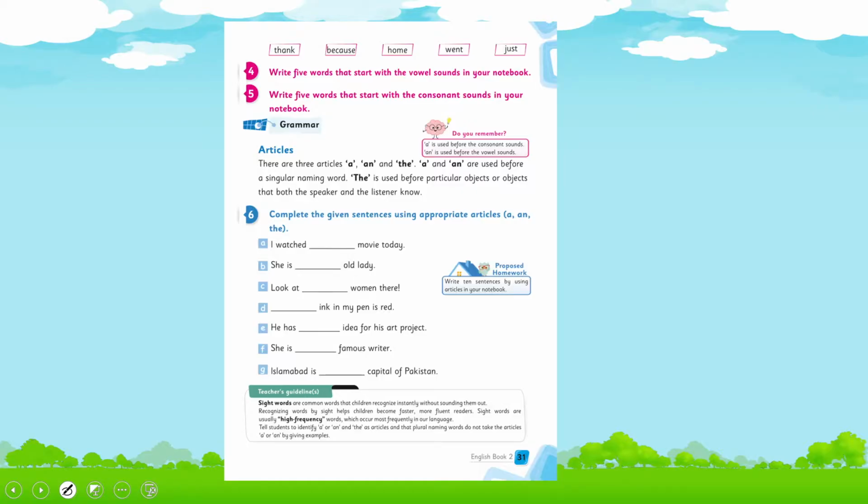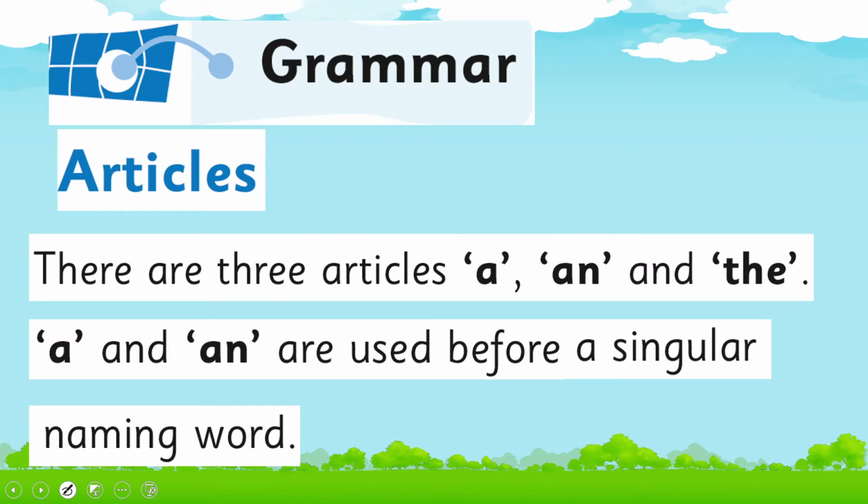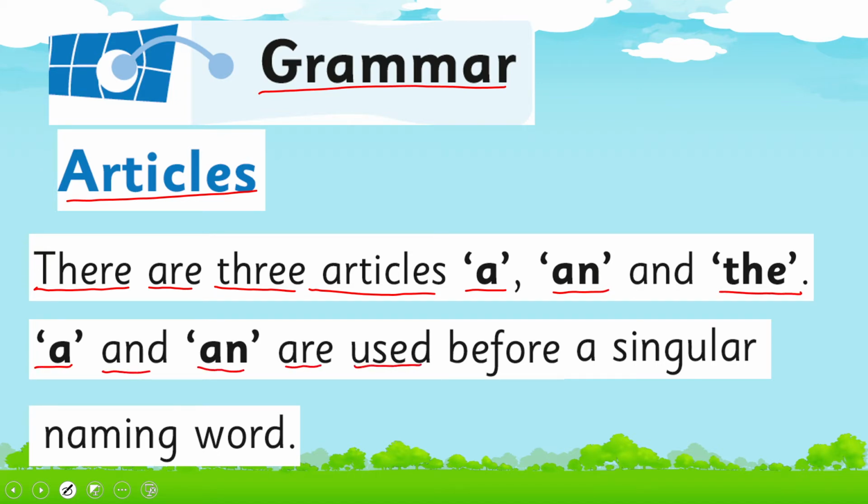This is the page of your book, page number 31. What does your book say about it? Its title is Grammar: Articles. There are 3 articles, a, an, and the. A and an are used before a singular naming word.